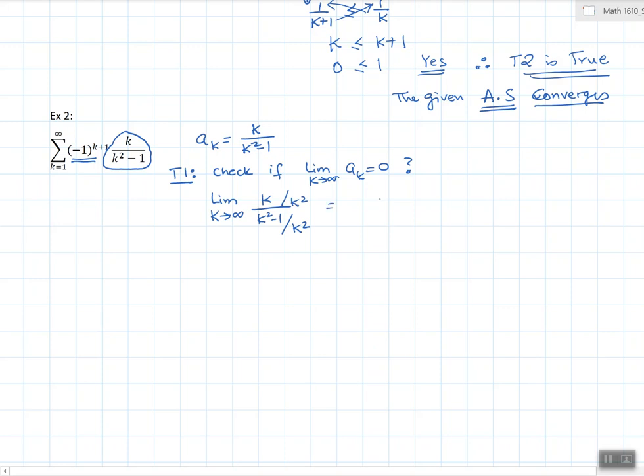So that gives me 1 over k divided by 1 minus 1 over k squared. Now take k going to infinity. So this numerator is 0, denominator is 1 minus 0, so that is obviously 0. So that's good. Yes. So test 1 is true.